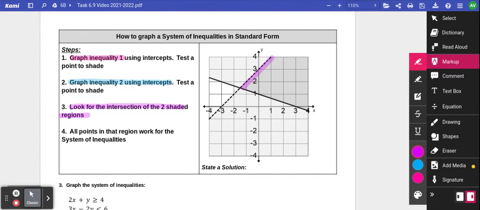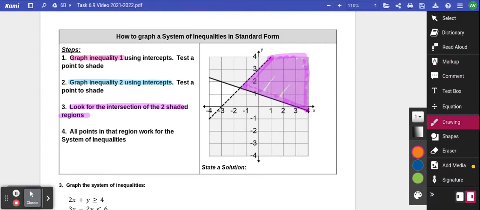In this graph, you can see that the intersection, the darker region, would be right here. This would be my solution region. Any of the points that are in that region are all going to be solutions to the inequality. So if I ever say, hey, state a solution, find me a point that works, you can pick any point from this section.